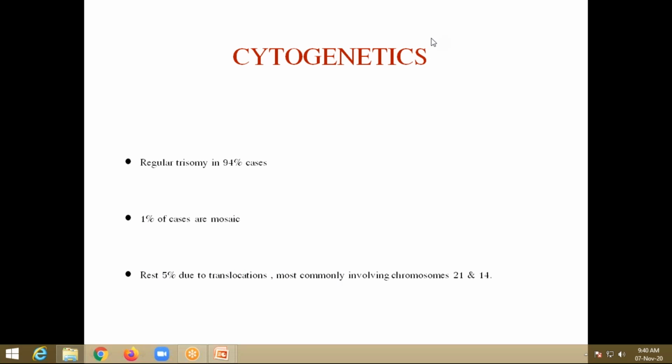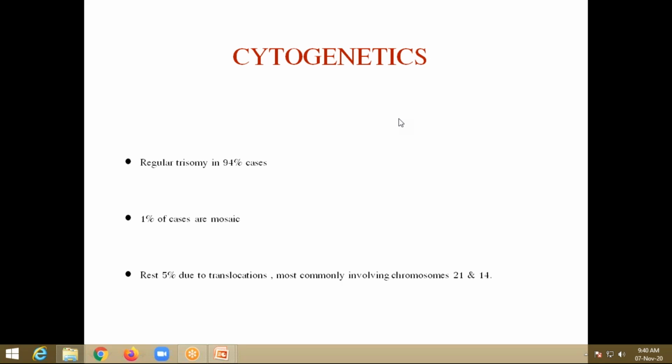So coming to the cytogenetics, the regular trisomy is seen in 94% of cases. As I've already told you, differences in the phenotype are present. In 1% of cases, these are mosaic forms. So you should write 3 forms: trisomy, mosaic, and translocation.